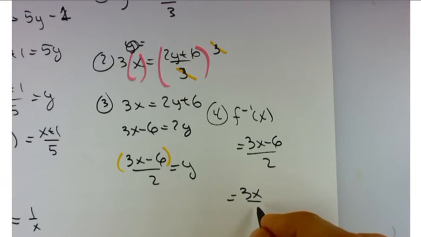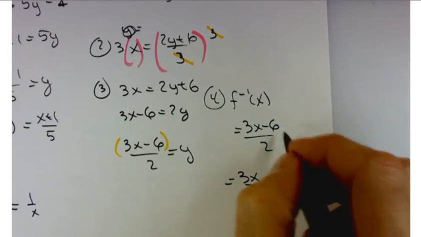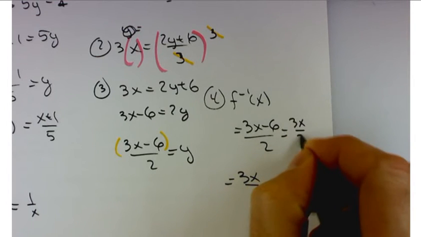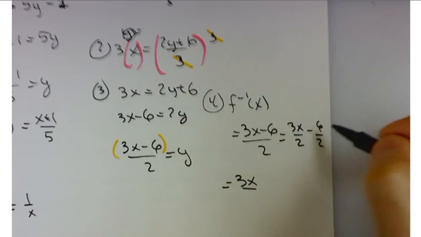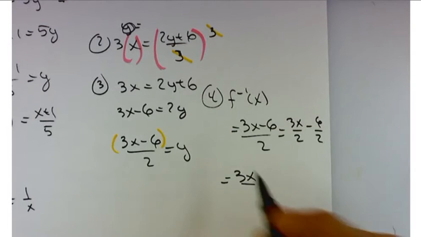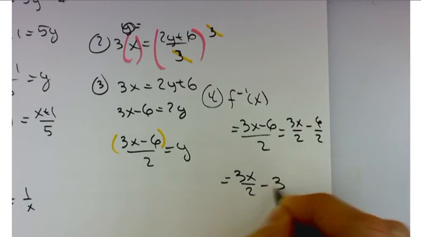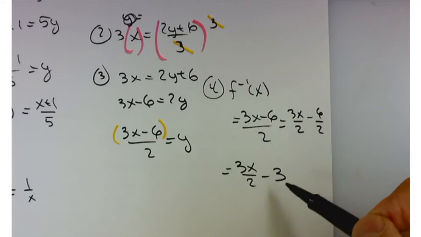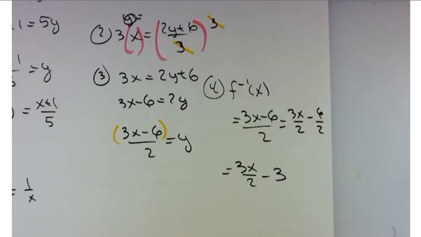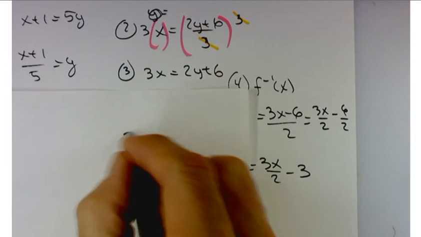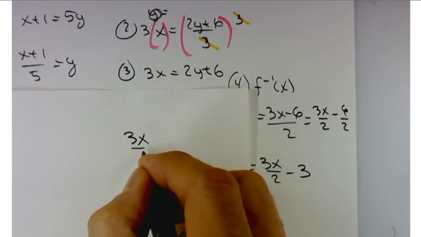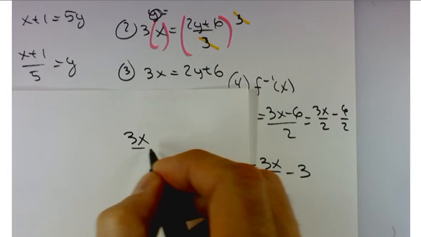Okay, so what they're doing is they're taking both terms in the numerator and dividing it by 2. If you do that, that's fine. But what you can't do, what I saw a couple places was people doing 3x minus 3.